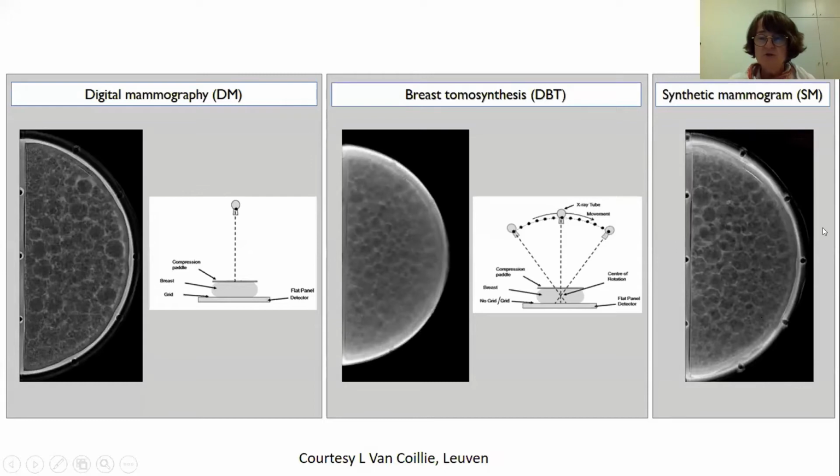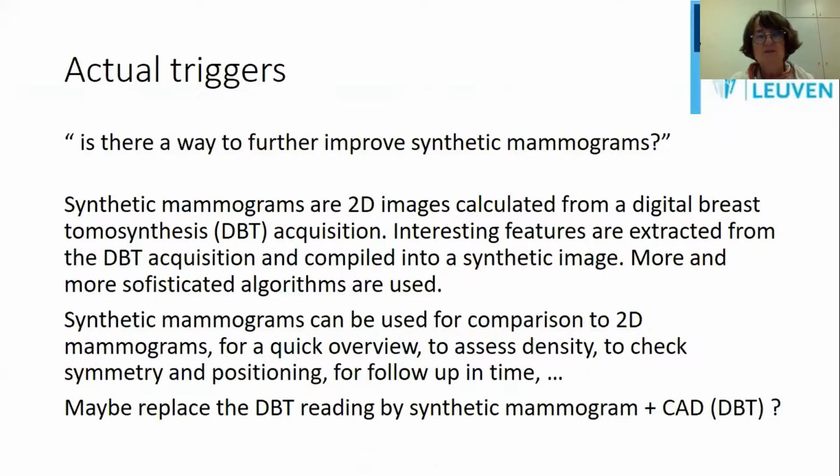And there are several uses for the synthetic mammography, and there is a push towards getting it really good. And then the question is, how would it be best? Here, just some extra information.